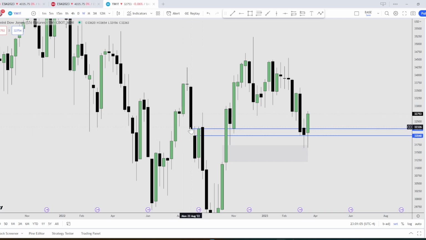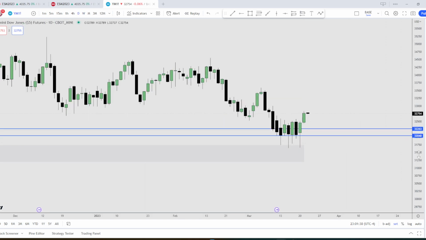Weekly volume imbalance. It was used previously to push the price higher. So when it comes down into this area, I'm expecting this to act as support. It can wick down into this area, but I do not want to see price close below this level here, which is what we got. Price never closed below this level.